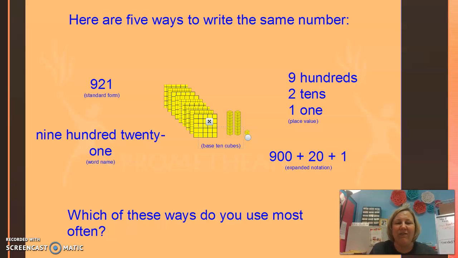Alright, here are 5 different ways to show the same number. There's standard form, which is 921, just the digits.